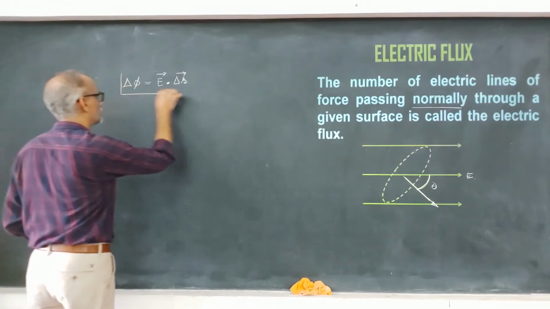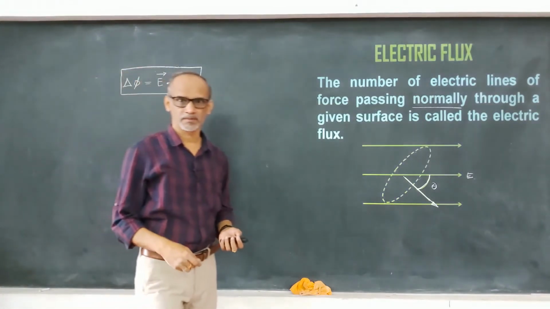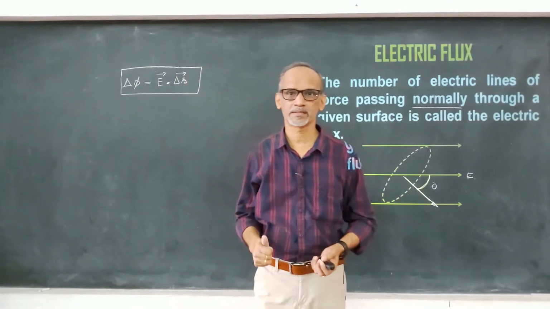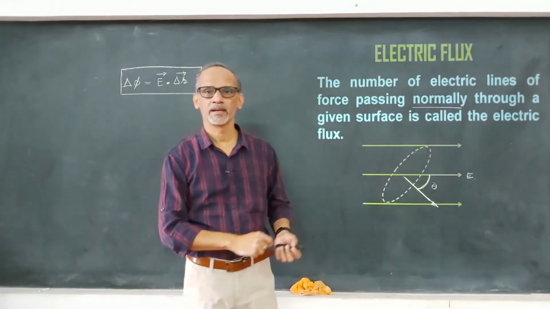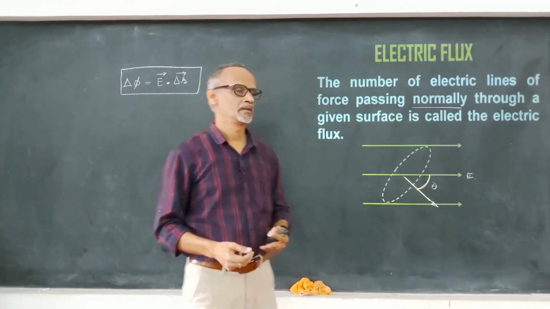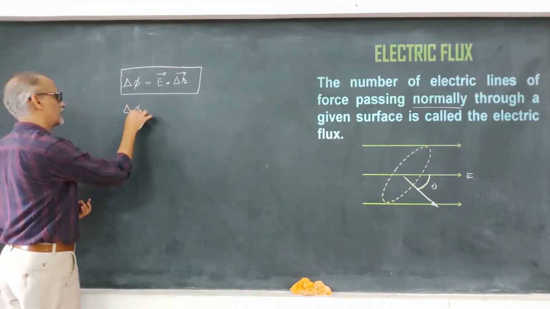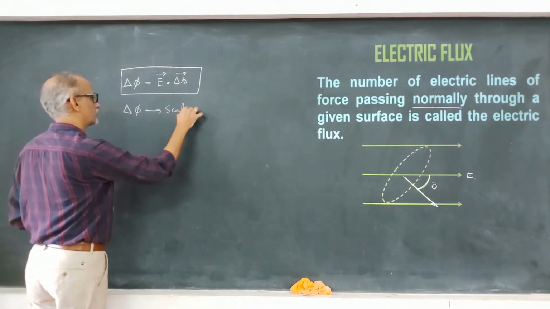Since it is a dot product, the quantity has to be a scalar. So, electric flux is a scalar quantity.